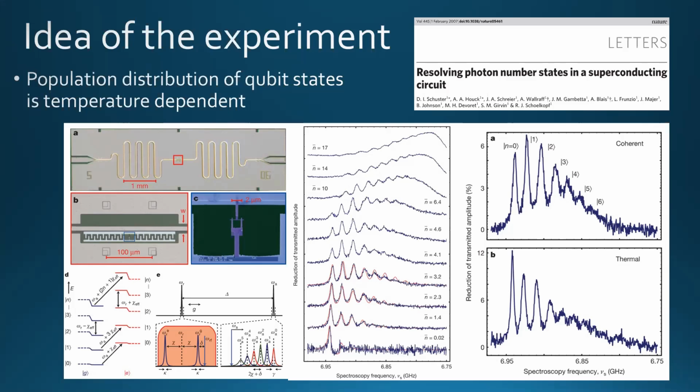So there is actually a question: what can be used for more efficient thermometry when we use a qubit?